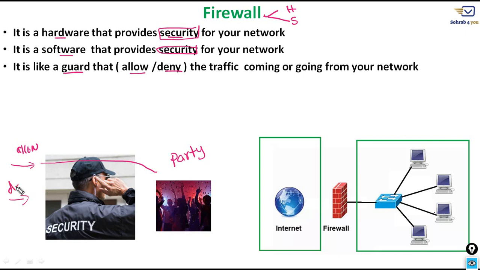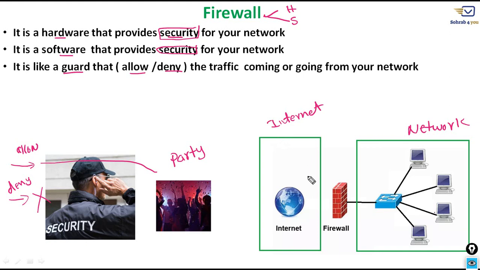If he is not allowed, this guy is stopping him. Same like this, suppose this is our network, and here is the internet. The internet is an open area. Good things are also there, bad things are also there.